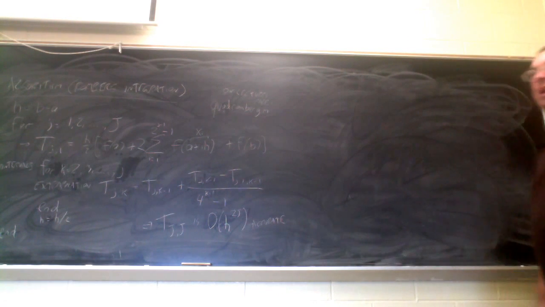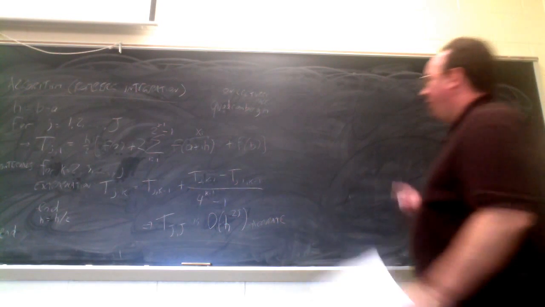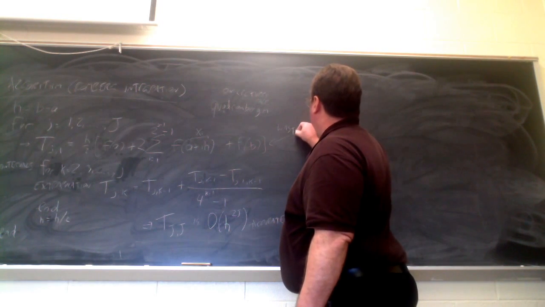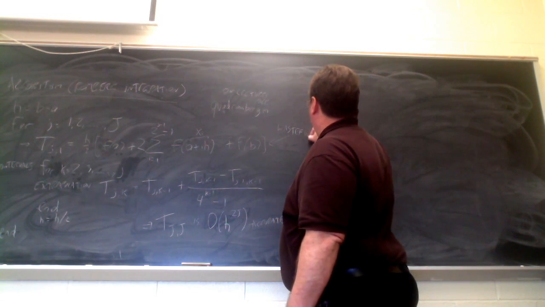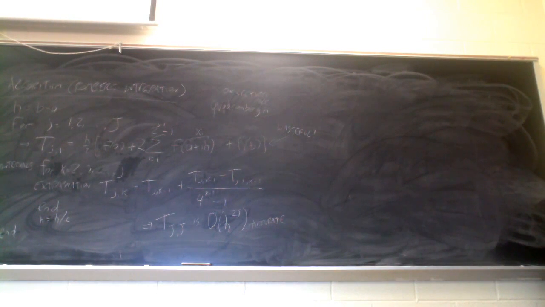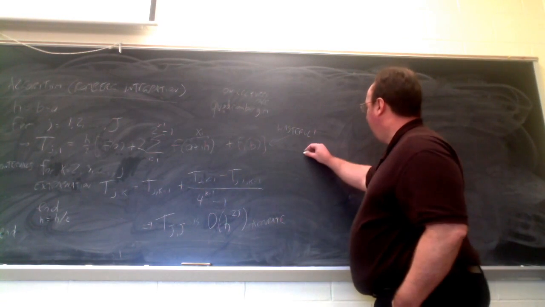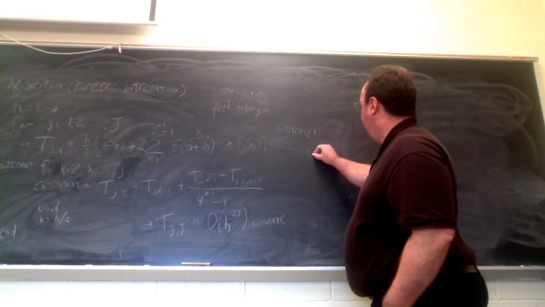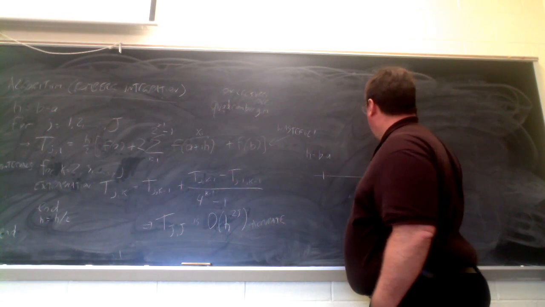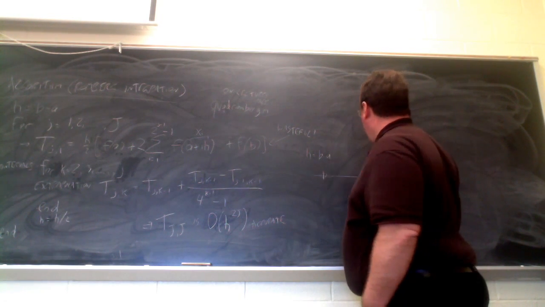And we want to minimize the number of function evaluations of f. But the way I've written it, this line is wasteful. And the reason why is, every time you use a composite trapezoidal rule, so if I use h equals b minus a, which points am I evaluating at? A and b.